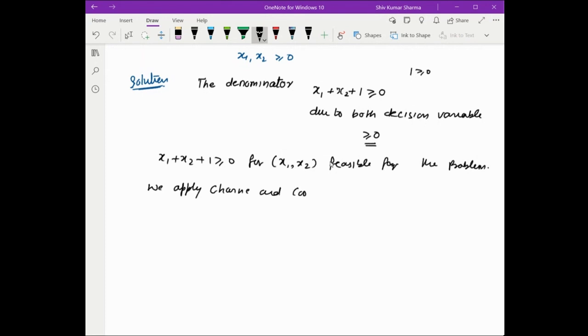So we apply Charnes and Cooper's algorithm, the transformation method.